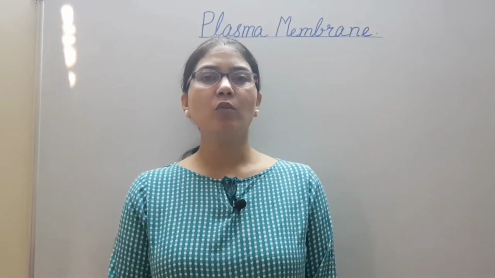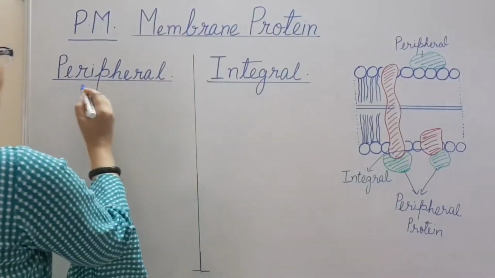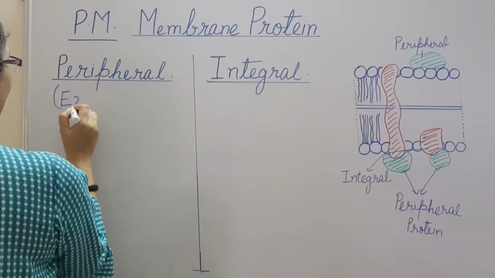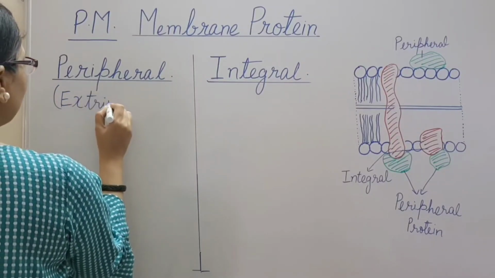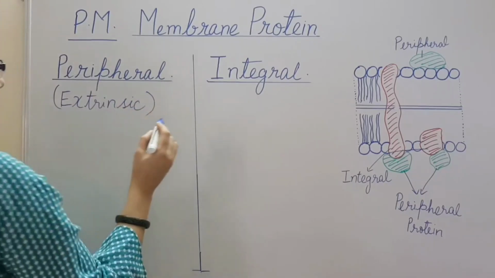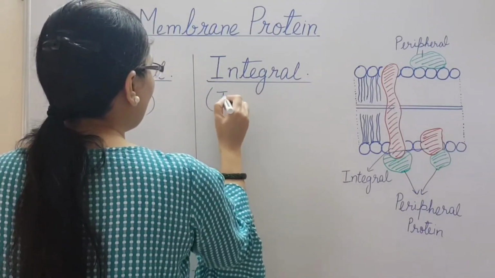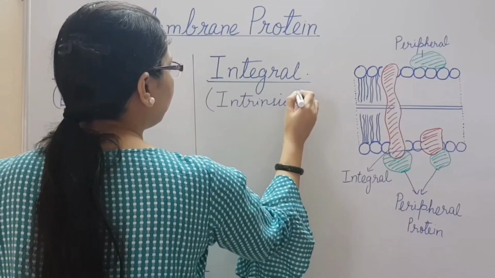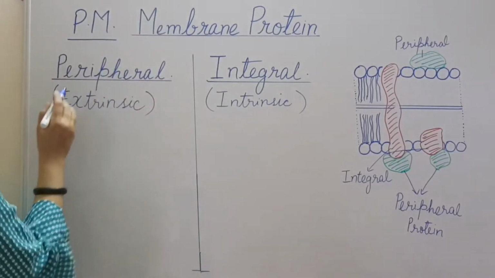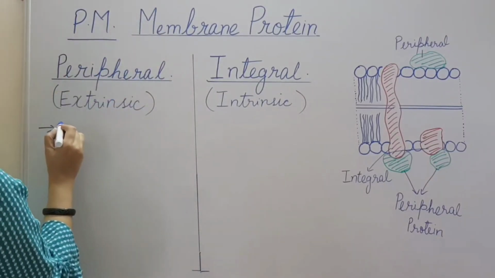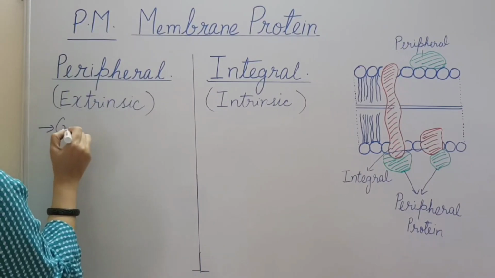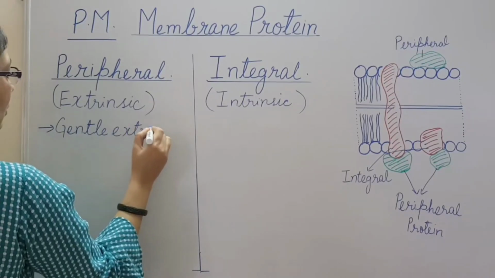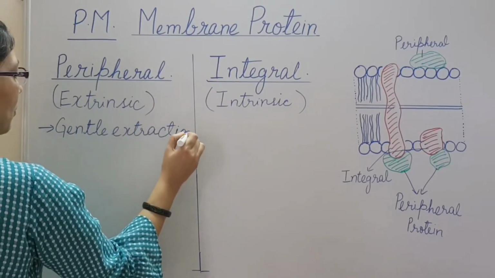We are going to discuss the protein component of the plasma membrane. There are two types of membrane protein: peripheral protein, also known as extrinsic protein, and integral protein, known as intrinsic protein. Peripheral protein can be removed from the phospholipid bilayer by gentle extraction procedures.